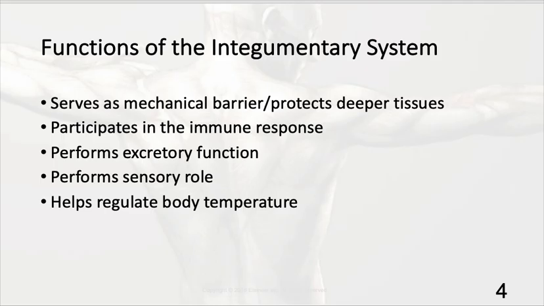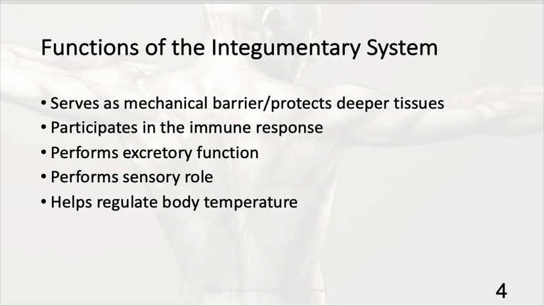The skin is also involved in the immune response because white blood cells are able to migrate through tissues, through the skin and through specific regions of the skin, to be able to fight off any foreign pathogens that enter the body, perhaps through a skin wound or a cut, and prevent them from causing a deeper, more systemic infection.